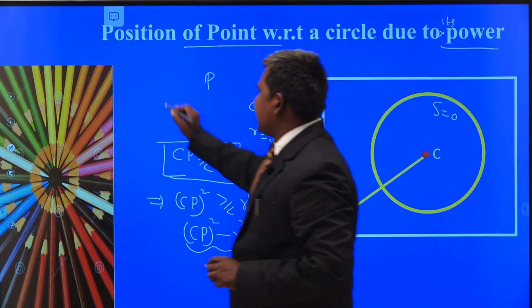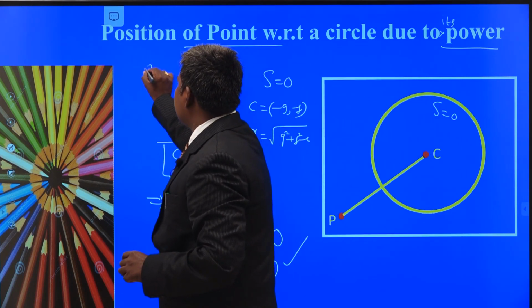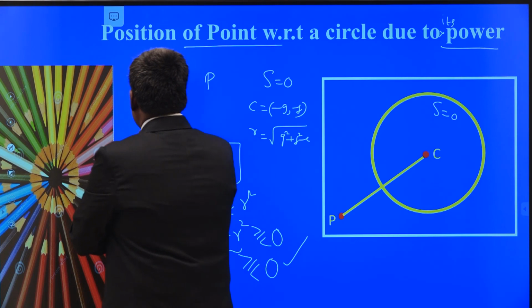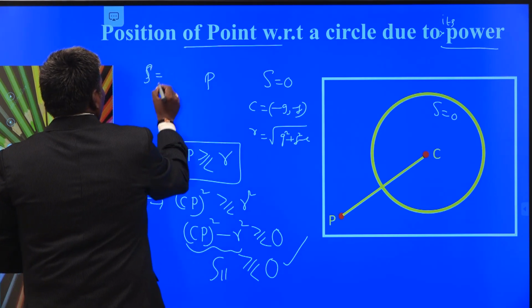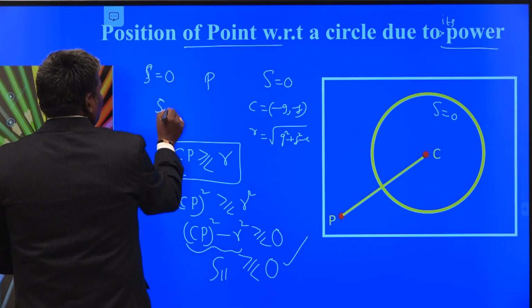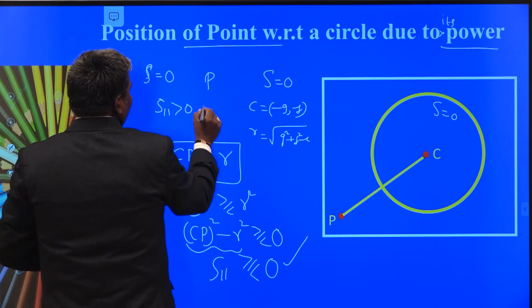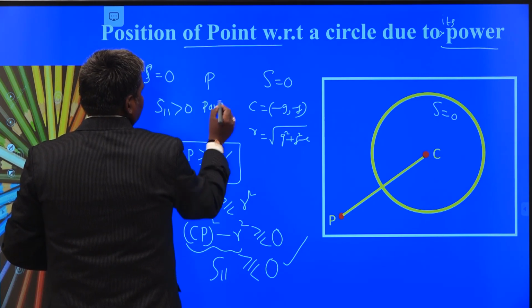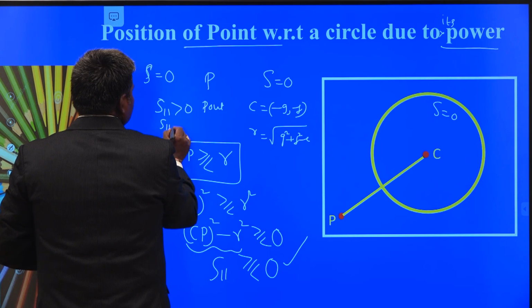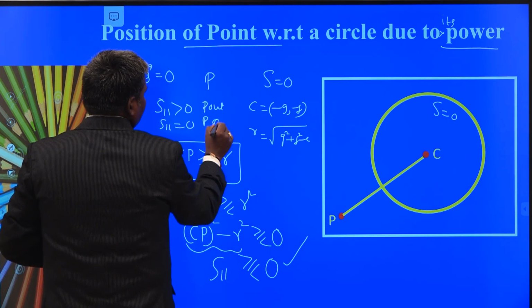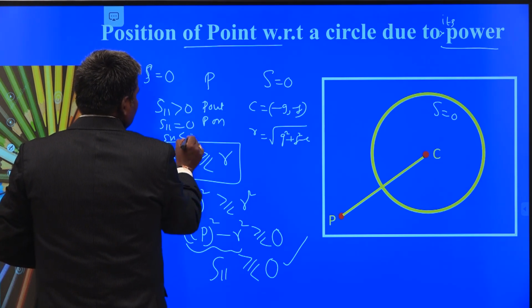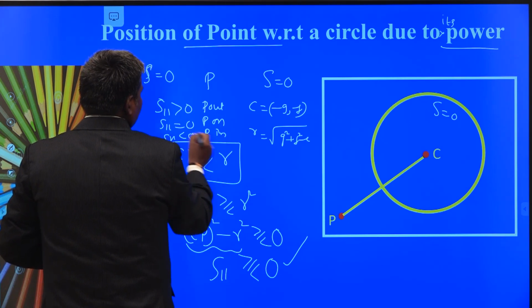So S is the circle, you just substitute the point. What you obtain is S11. If S11 is greater than 0, P is outside. S11 equals 0, P is on. S11 less than 0, P is inside of the circle.